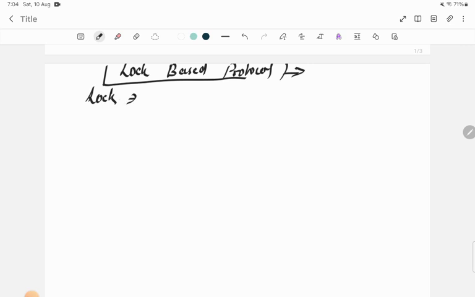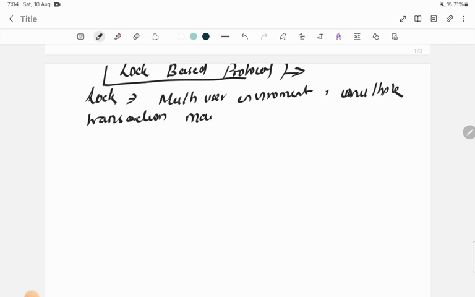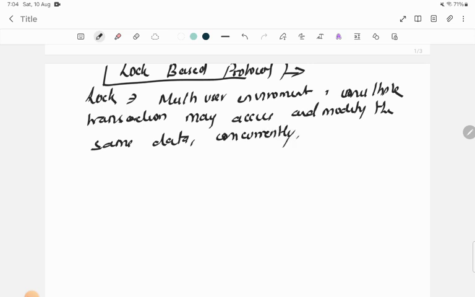In DBMS, we have concurrent access to data, in a multi-user environment where multiple users access the same system. Multiple transactions may access and modify the same data concurrently.